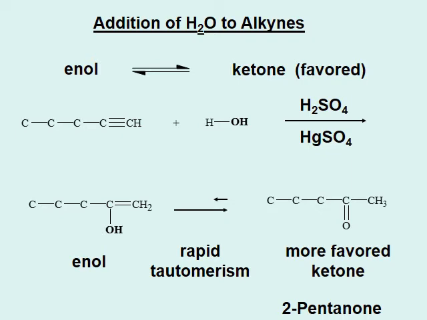Now the reaction of alkyne with H2O. Again, alkyne would react with H2O in this manner. H should be attached to the carbon that has the larger number of hydrogen, which is like Markovnikov's rule applied to carbon-carbon double bond. So this hydrogen goes to this carbon which has a hydrogen, but the other carbon doesn't have any hydrogen.